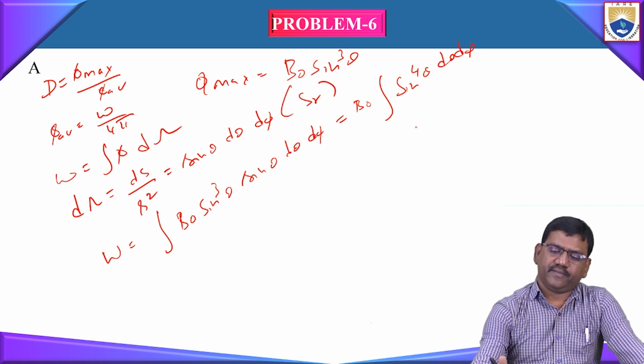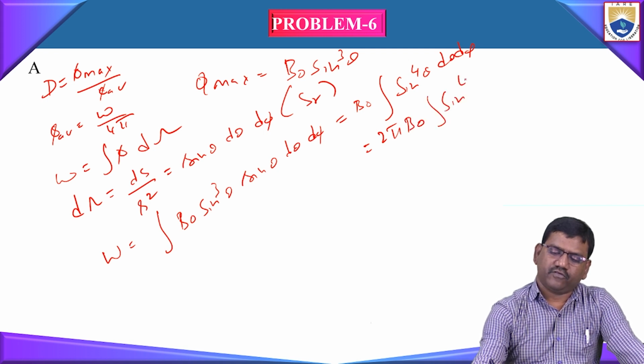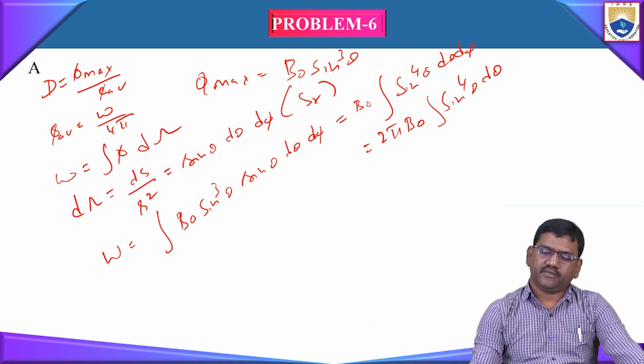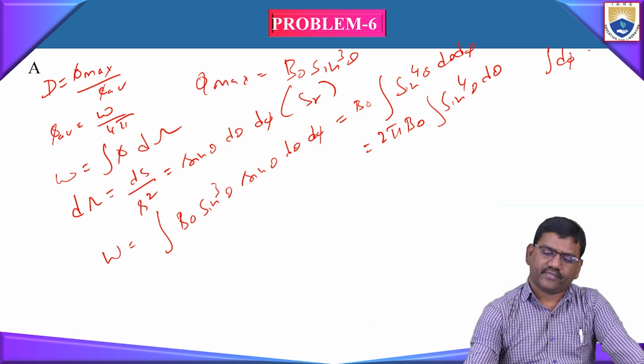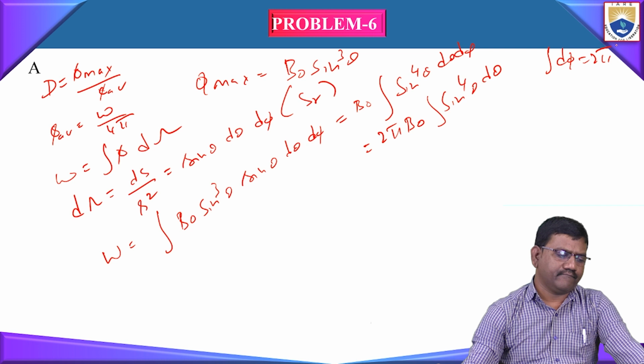So integration of d phi, you will get 2 pi B naught integration of sine power 4 theta d theta here. Why? Because integration of d phi is equal to 2 pi.